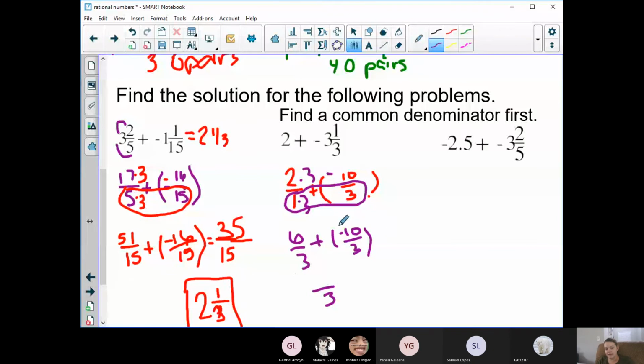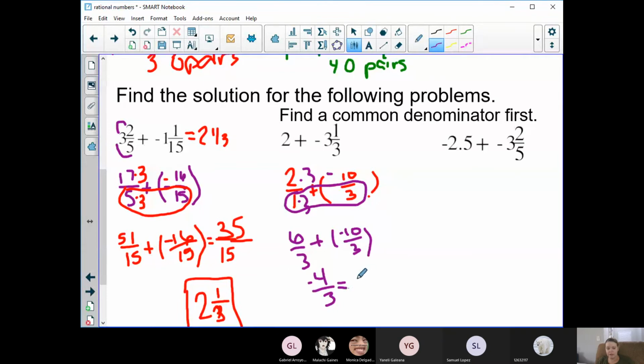Let's check the sign on that. Negative 10 and 6. Is it going to be a positive answer or a negative answer? Right, negative 4. Remember, whichever one is bigger, we use that sign. So 10 is bigger than 6, so we are going to have a negative answer.